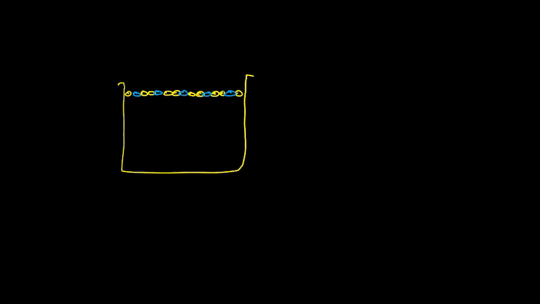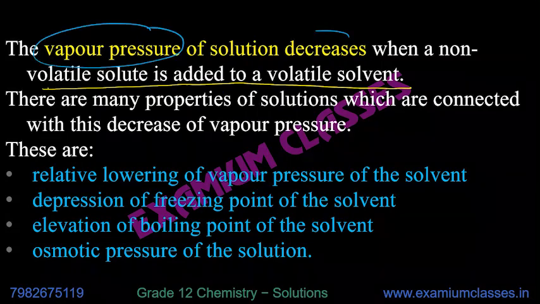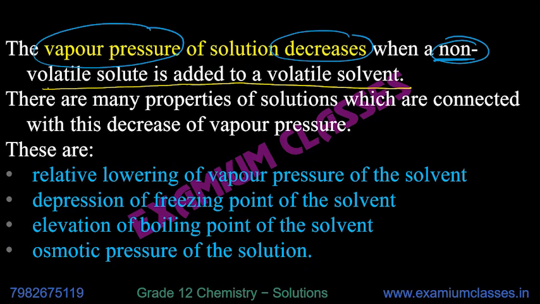It means vapor pressure will decrease. Now, not so many molecules will get vaporized as earlier. Okay. So vapor pressure of solution decreases if a non-volatile solute is added to a volatile solvent.